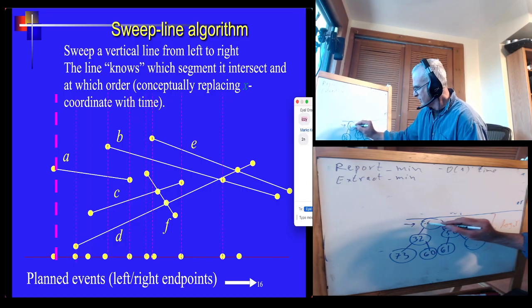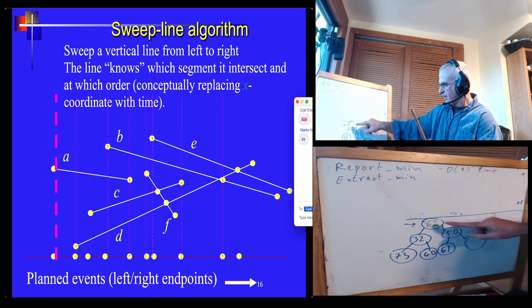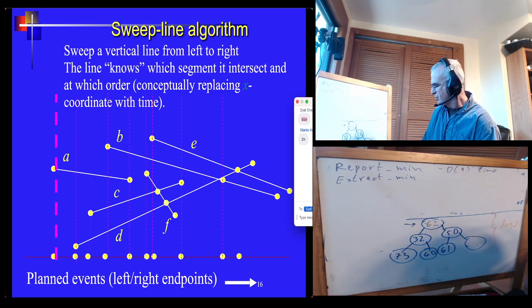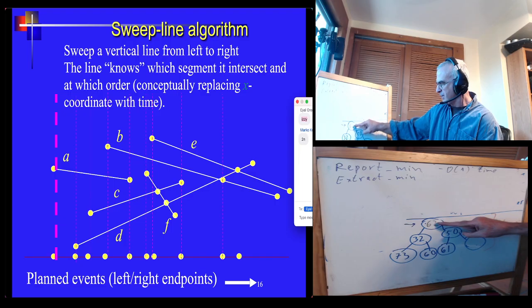So the 62 is going up and replaces the root, so the root is not empty. And now the new root needs to check if it creates any issue with any of its children.